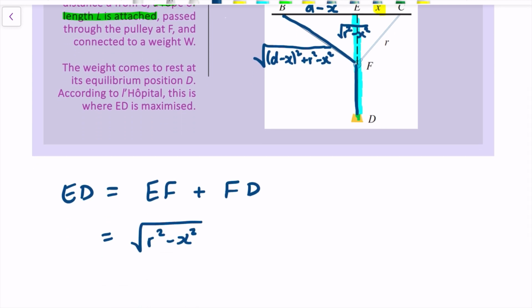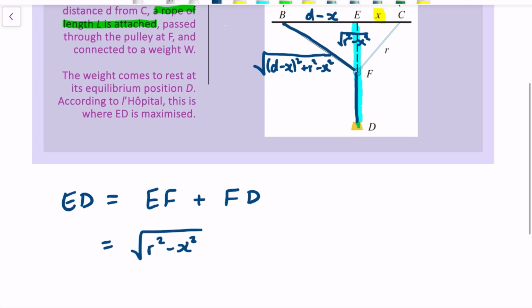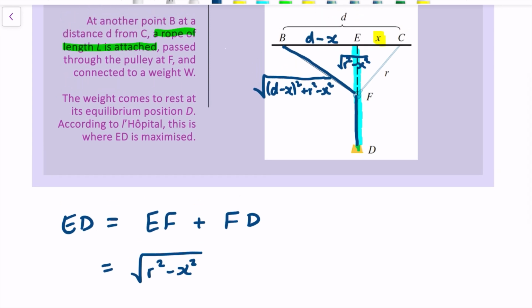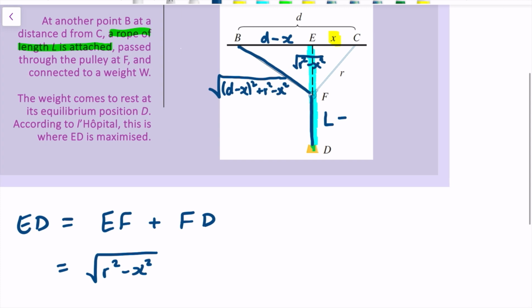Okay, and then because BFD, the length of that is L, a constant, and all it does is get split in different segments based on the position of F. This length here, FD, must be L minus BF.